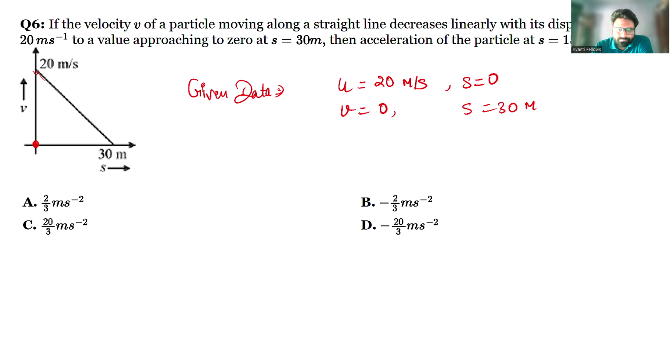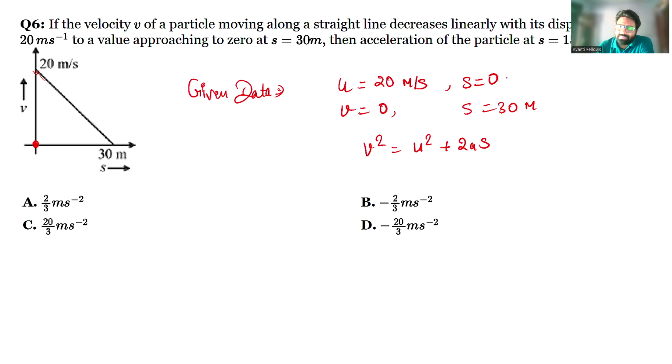Now if you apply the equation v square equals u square plus 2ax, as we know that velocity is decreasing, which means acceleration is acting in the negative direction.